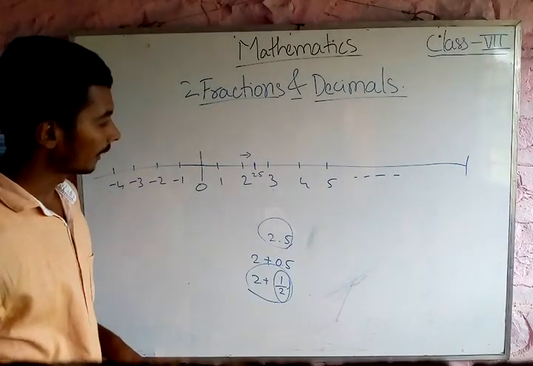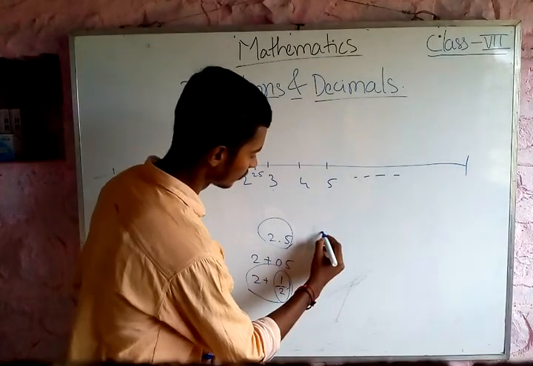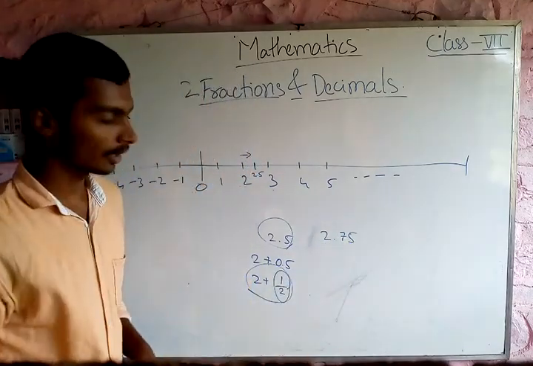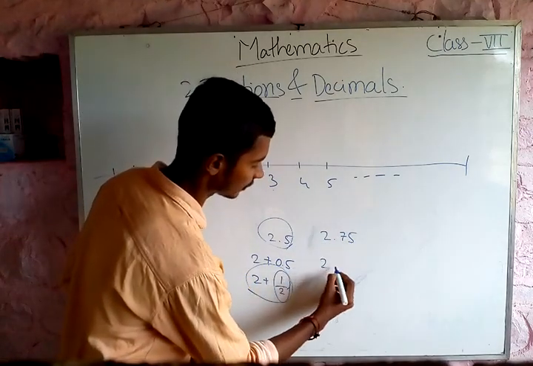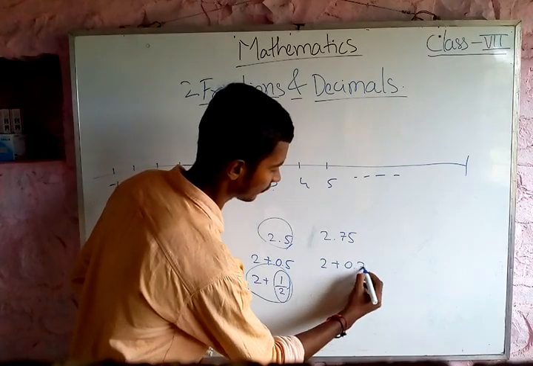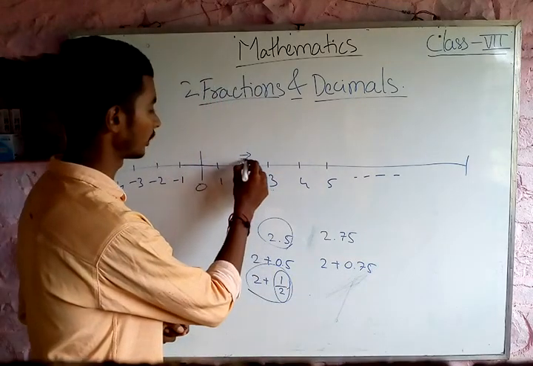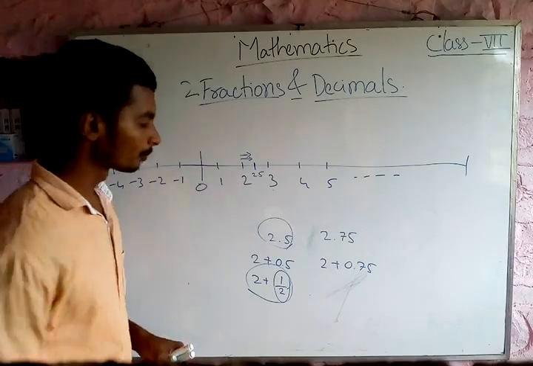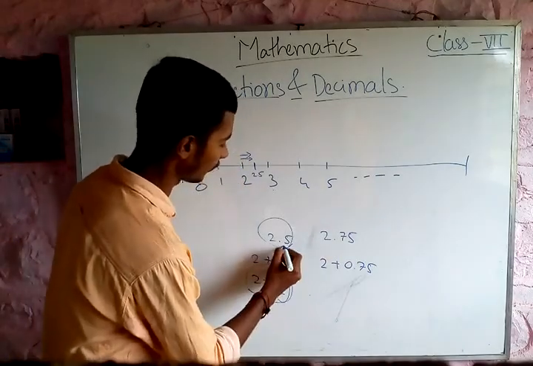What if I have 2.75? Okay, 2.75 means it is 2 plus 0.75. Again it is more than 2, and it is more than 2.5 also.